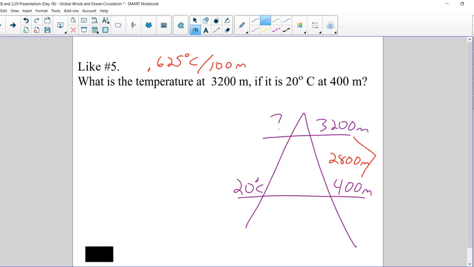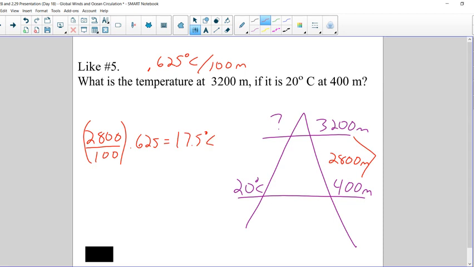So I'm going to take that 2,800, and I'm going to divide by 100, which is going to give me 28, and then I'm going to multiply that times 0.625, because every 100 meters I go up, the temperature drops by 0.625. So if I go up 28 of those increments, then I'm going to multiply that times 0.625, and I'm going to get 17.5 degrees Celsius.